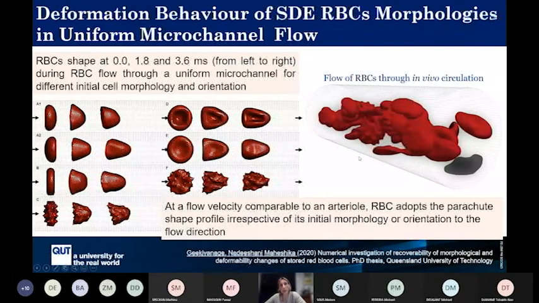And then what we've done is we started coupling those red blood cell models and putting them into a flow, capillary flow.